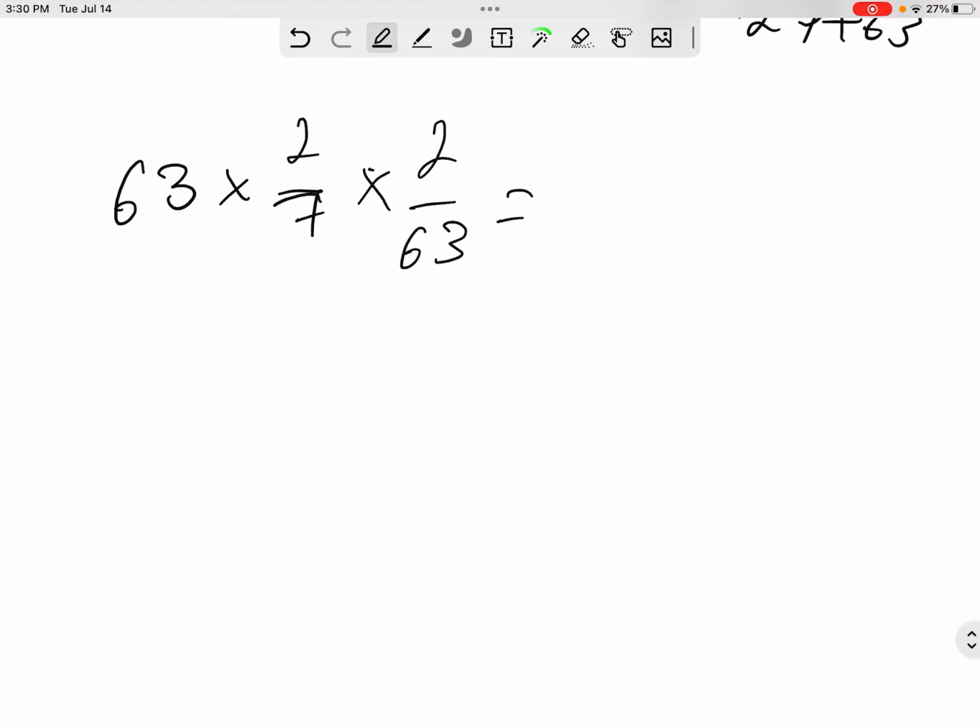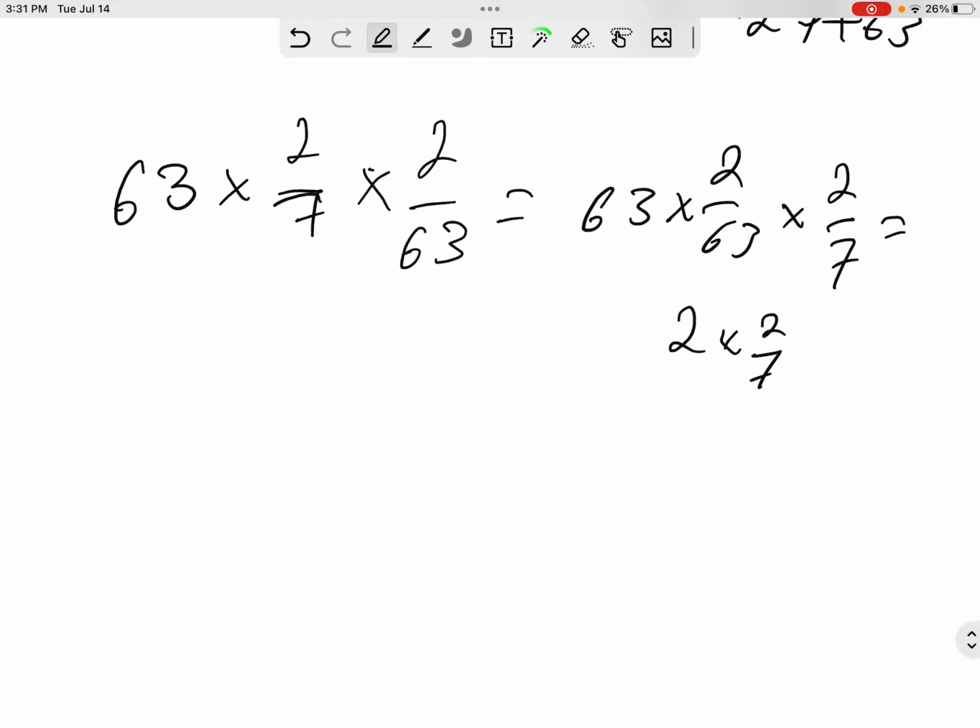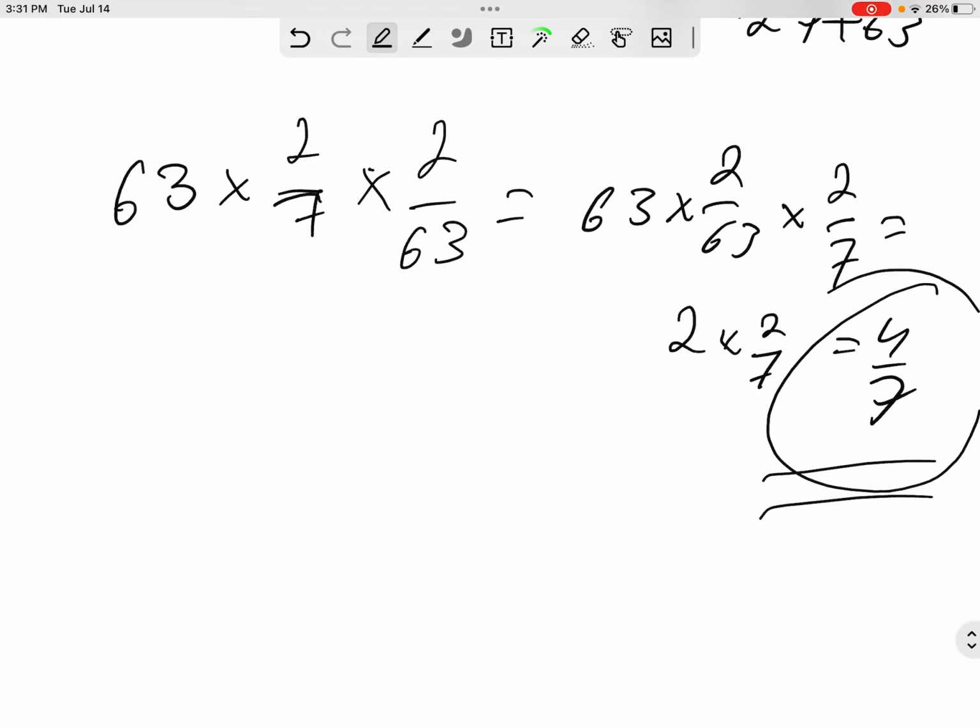We first used the commutative and associative property of multiplication. We ordered the terms in a way that made the computation easier. It means 63 times 2 over 63 times 2 over 7 equals 2 times 2 over 7 equals 4 over 7. That's the final answer for the homework.